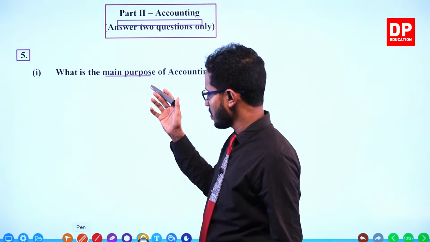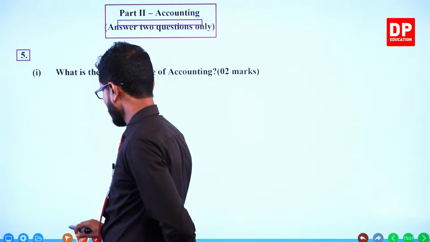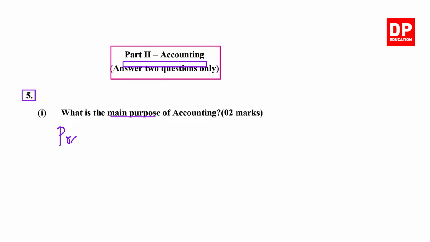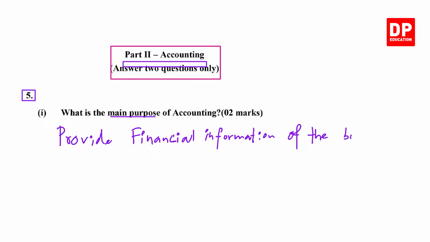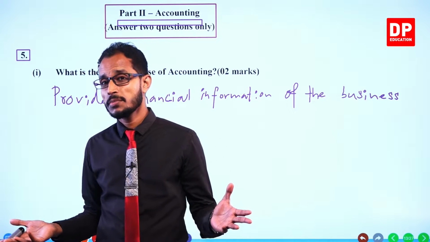The main purpose of accounting is to provide the financial information of the business. To whom? Providing the information of the business to whom?